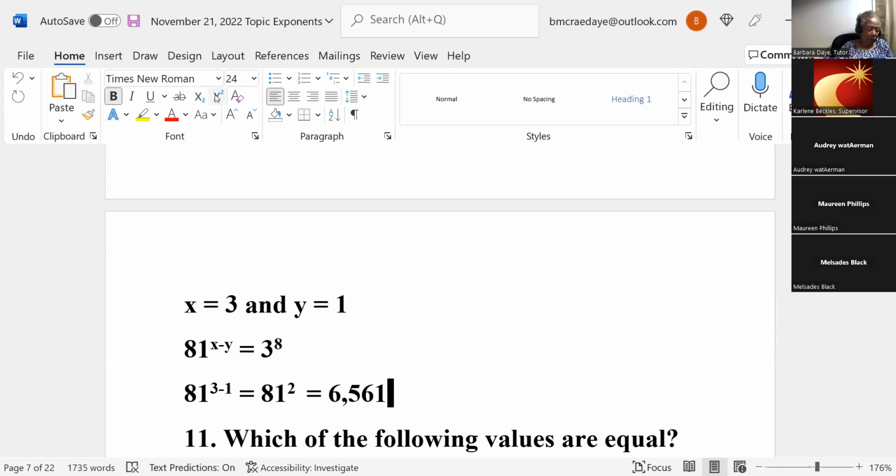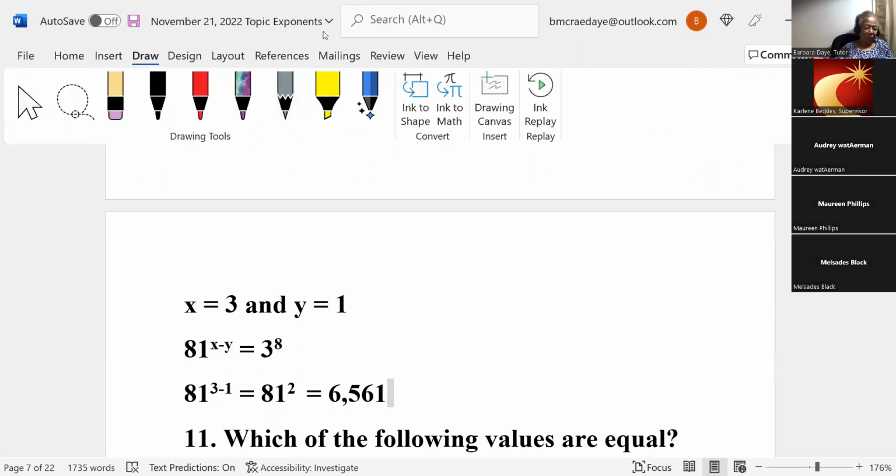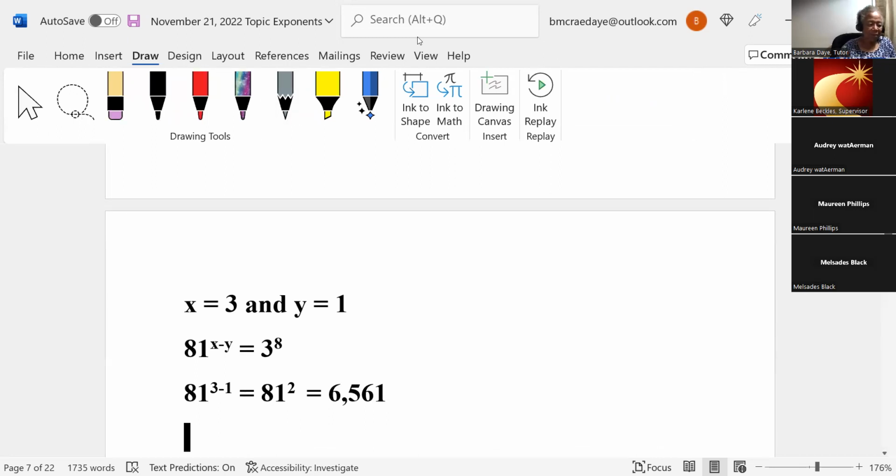Now you could also do on the calculator 3 to the 8th power, right? And what's that equal to? 3 to the 8th power is 6,561. So you can put that in your calculator, you get the same value.